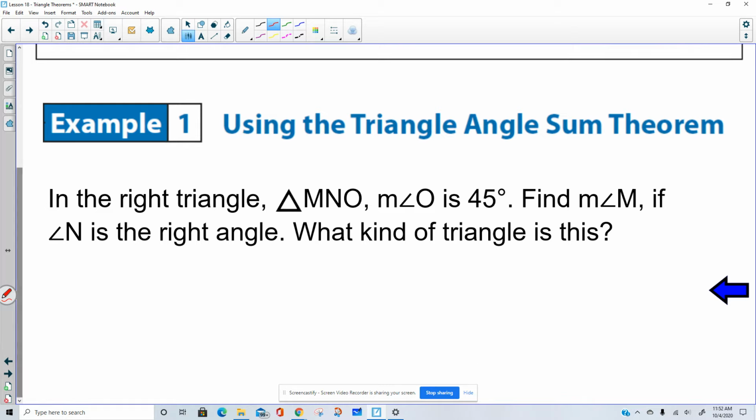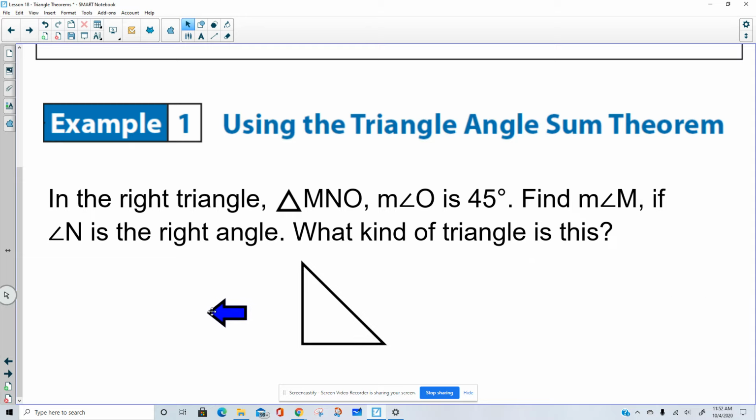So in example 1, let's read together. In the right triangle, triangle MNO, angle O is 45 degrees. All right, it says we have a right triangle, so we're going to have to draw this. So there we go. Drawn. There's my right triangle. And it tells me that angle O is 45 degrees. So let's take one of these that's not the 90 degree, call it O, label it 45 degrees.